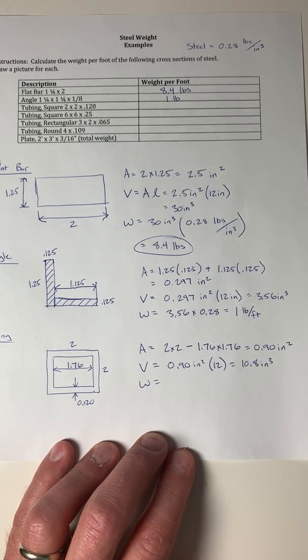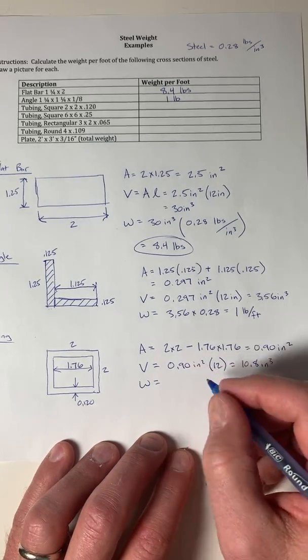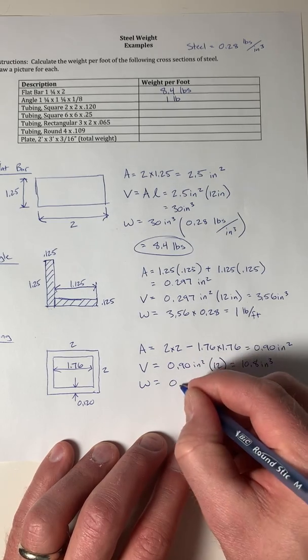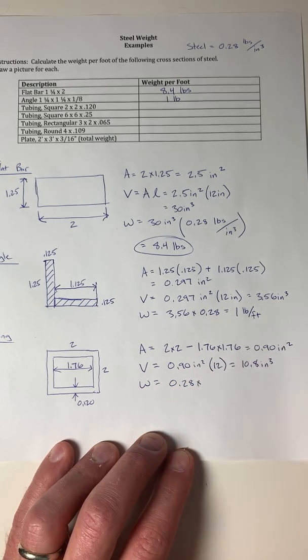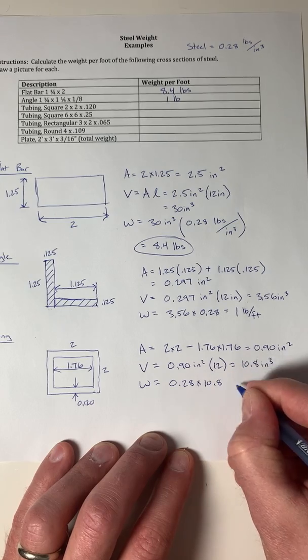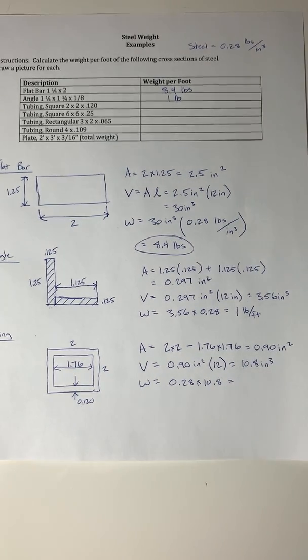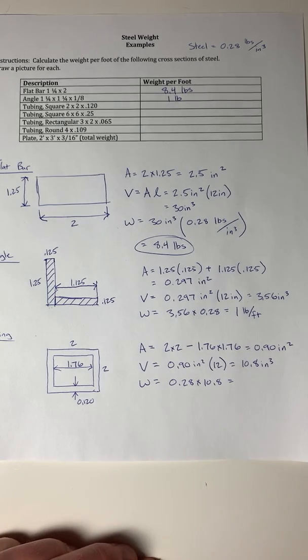And then for the weight, I'll multiply that by 0.28. So here we have 3 pounds per foot.